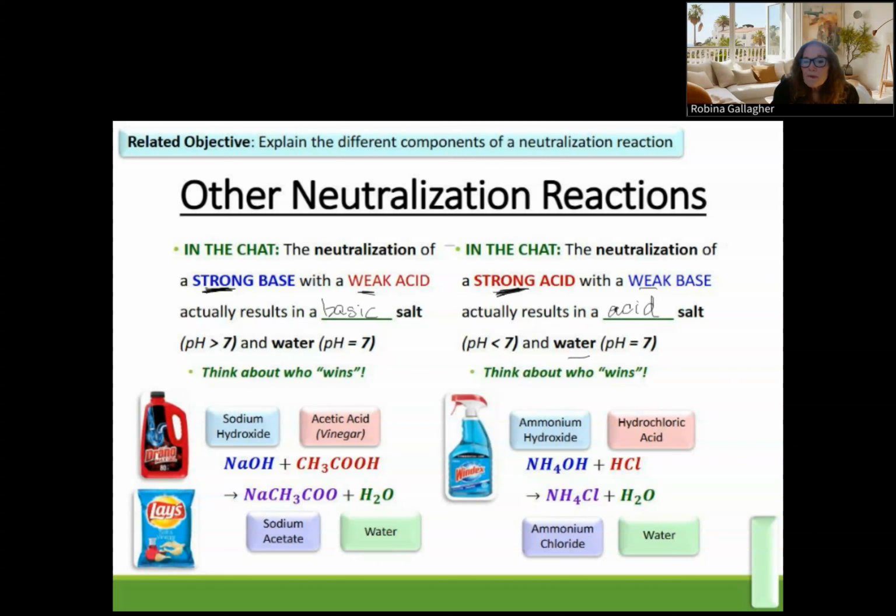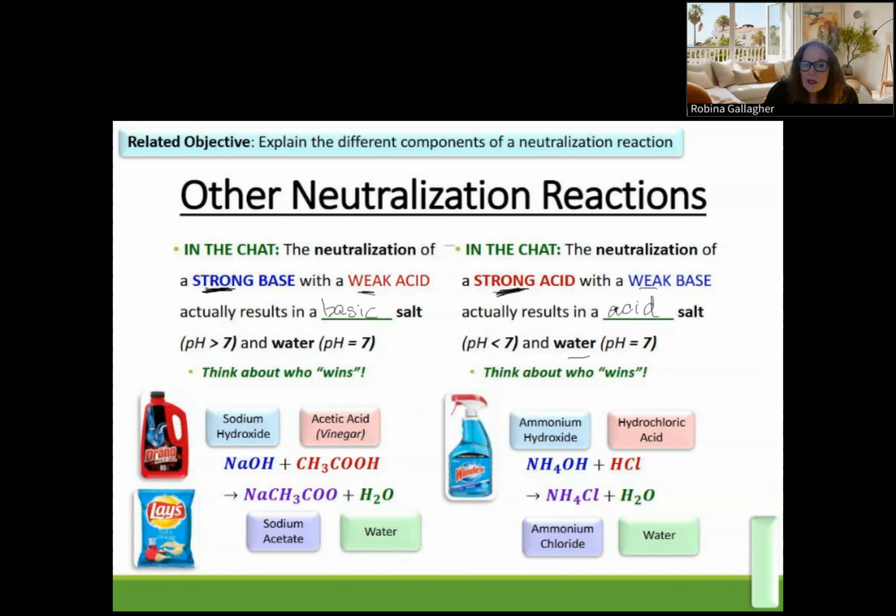So that is a neutralization reaction. Strong and strong makes a neutral salt and water. A strong base and a weak acid makes a basic salt and water.